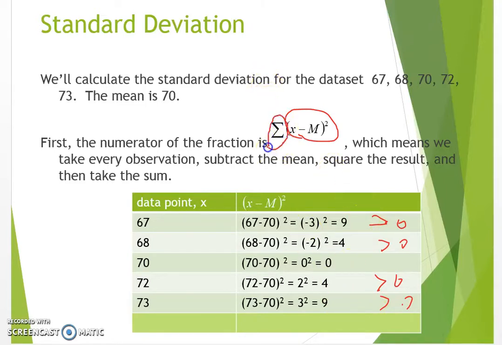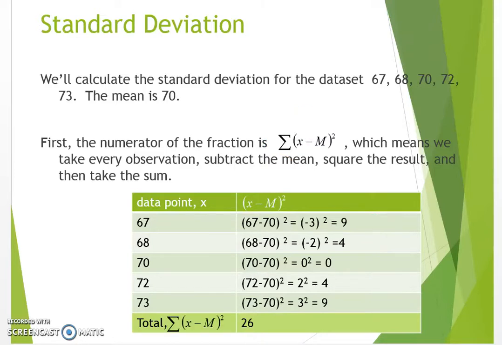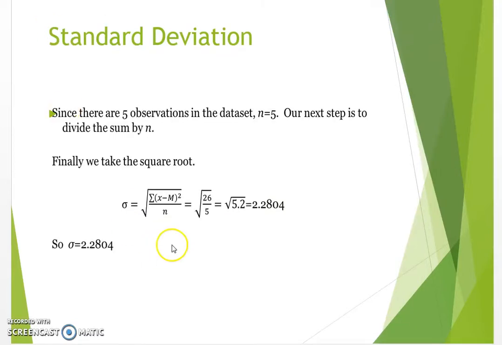Next, we'll just be finding the sigma. We just need to add these up, and this will give you 26 for the sum. Then we'll just need to apply the formula. Sigma equals the square root of the sum of x minus m squared divided by n.